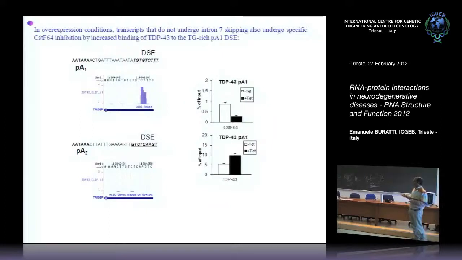So this is really a very efficient way that the cell uses when it has a lot of TDP43 to keep down the use of the poly-A1 site and favor the use of downstream sites that are not as efficient.